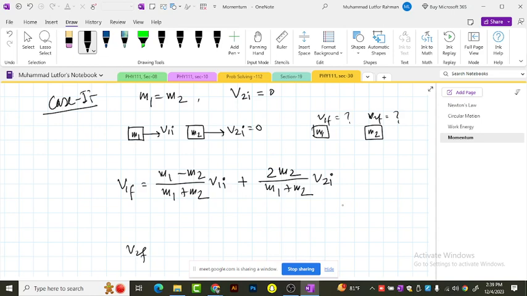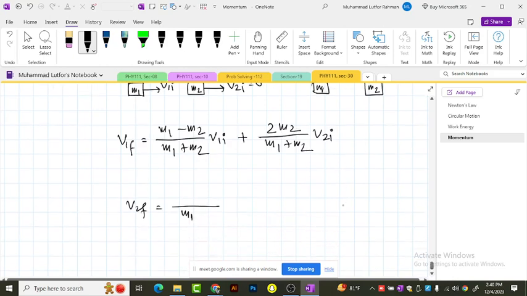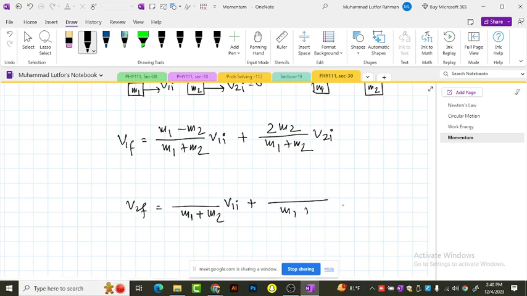And V2F is again 2M1 over (M1 plus M2) times V1I, plus (M2 minus M1) over (M1 plus M2) times V2I. This is the equation I'm supposed to write.